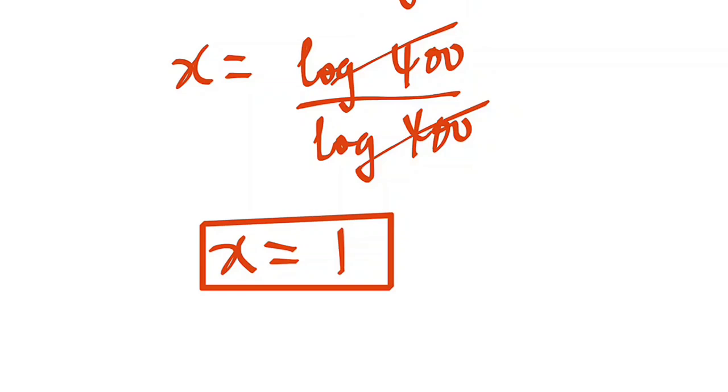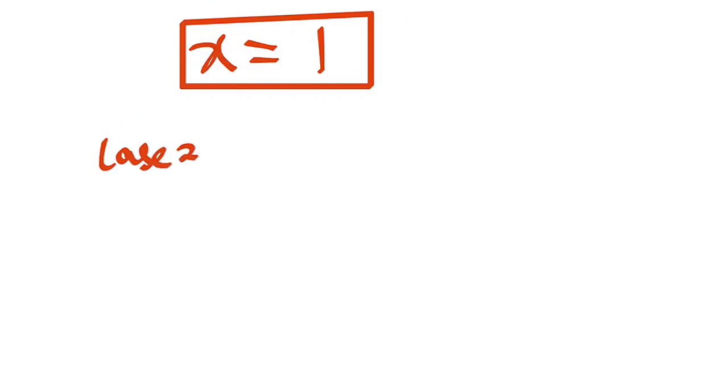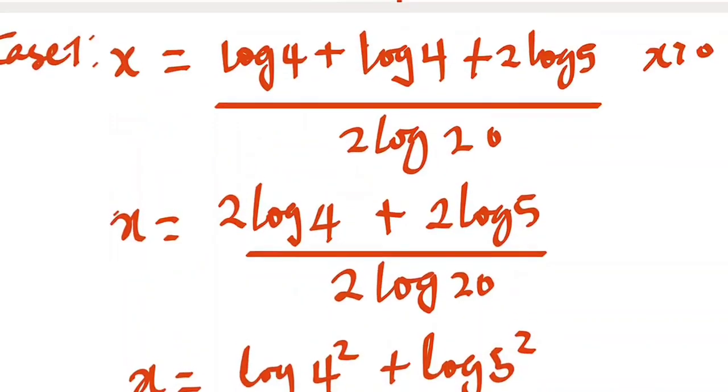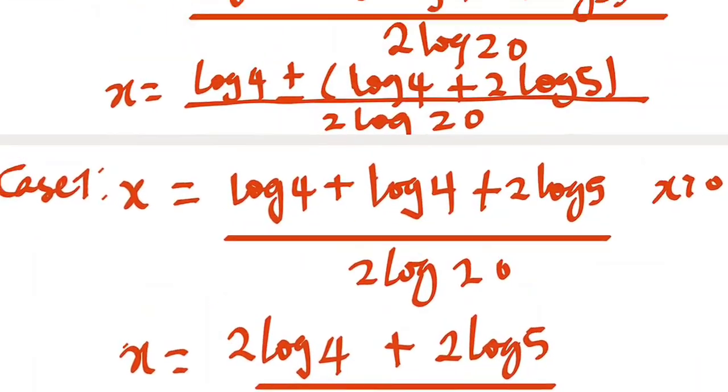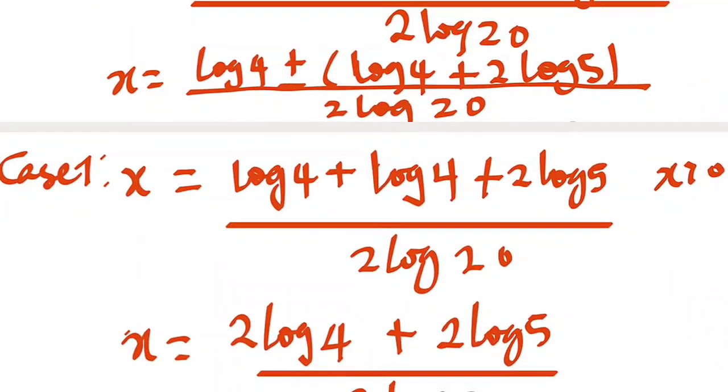So now let's take case 2. Case 2 is when x is negative. So we are going to pick it from here when x is negative, that is less than 0. So we are going to take the negative side.